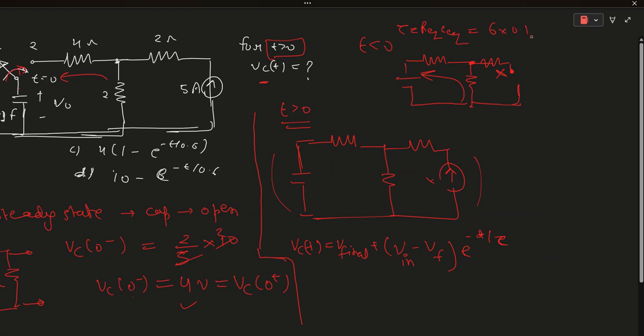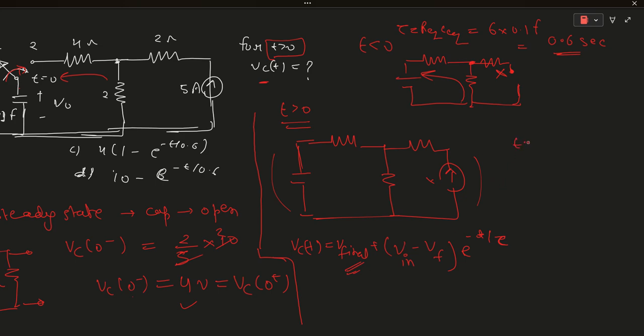If we solve this, we will get 0.6 second. So the time constant is 0.6 second.